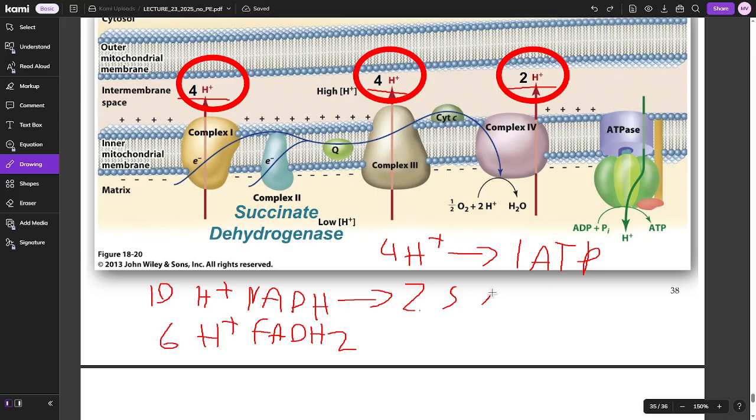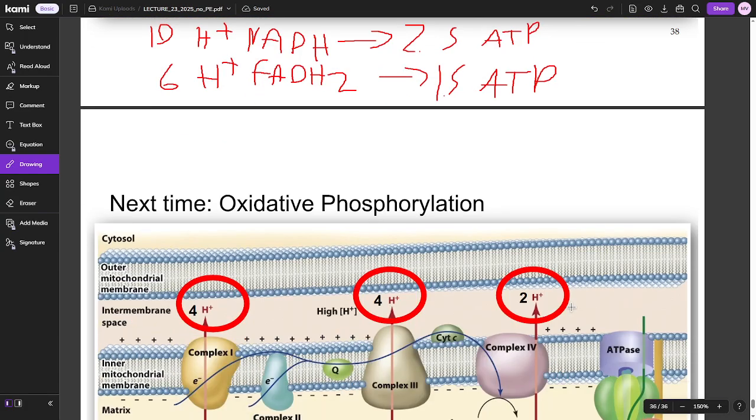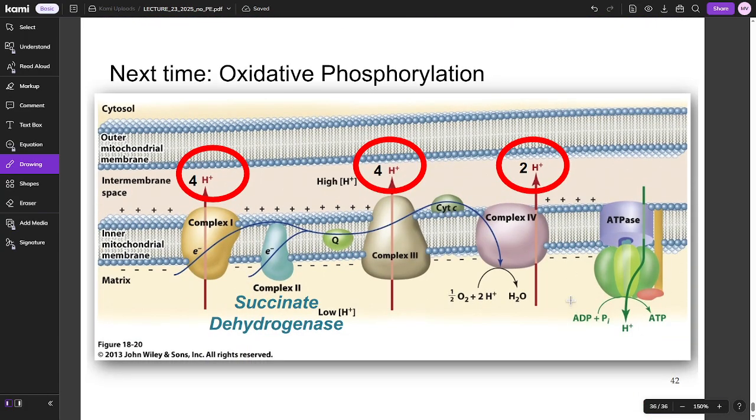And then if you do the same thing for FADH2, you actually get 1.5 ATP. That's where the energy loss is. And I think next time we'll talk about that a little bit more in depth. But hopefully that makes sense.